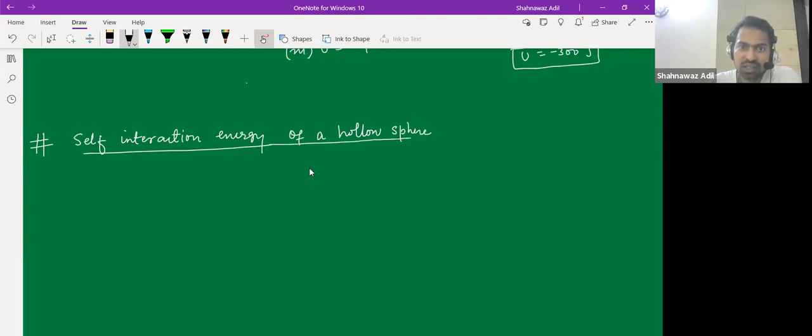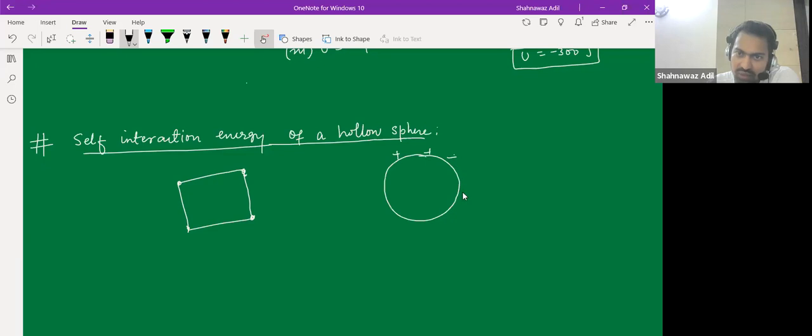We calculated the work done in making these charges sit at these corners. Some work was done to put all these charges to remain here, and that was the potential energy. Similarly, when we put all the charges on the surface of the hollow sphere.